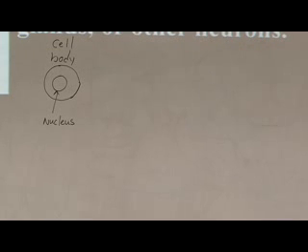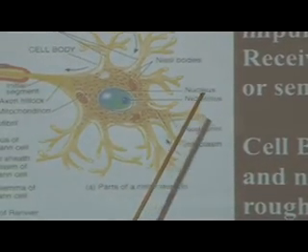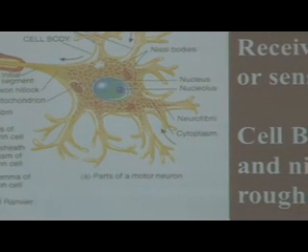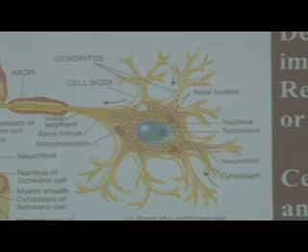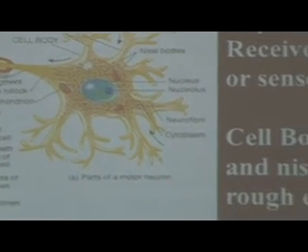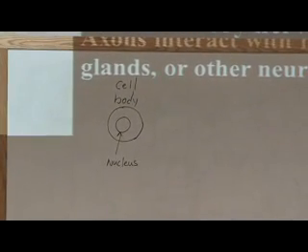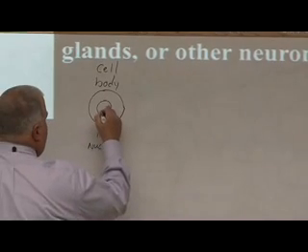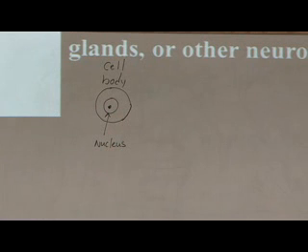Sometimes students make a mistake: they see a really dark staining entity and think it's the nucleus, but it's actually the nucleolus, which is the area where the DNA that helps us make ribosomal material is isolated in the nucleus. So the nucleus often doesn't stain very dark, but we get this really dark structure within it that we call the nucleolus.